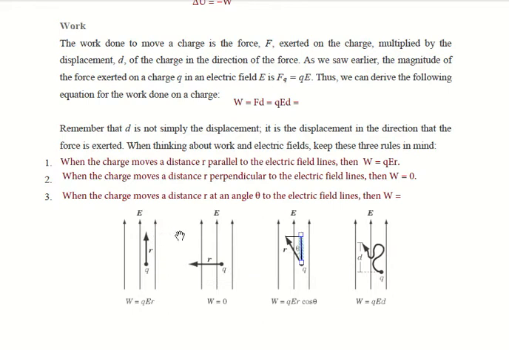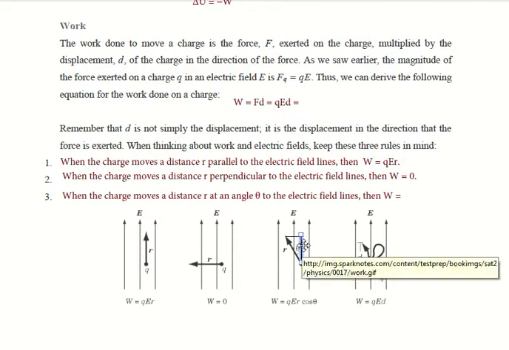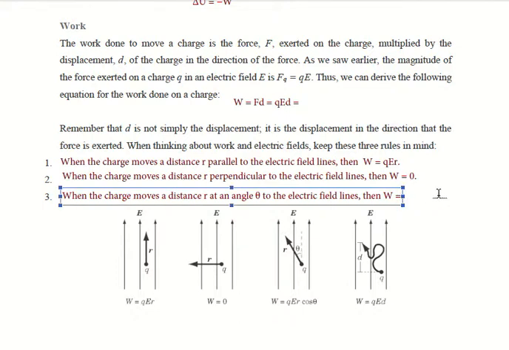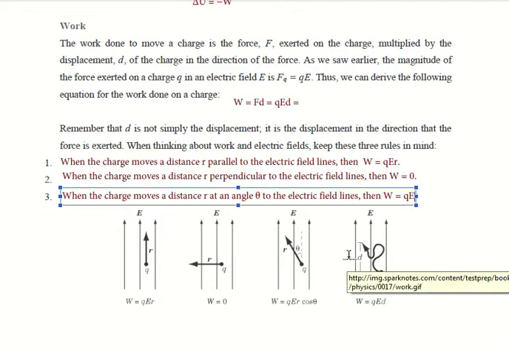So that's going to be like step 1. But we can't just call it Q E r. We have to figure out what component of r goes along with the field. So to do that, since that side is adjacent to the angle, and r is the hypotenuse, we would have Q times E, and then to get that vertical component, we would use r cosine theta. Q times E times r times cosine theta.